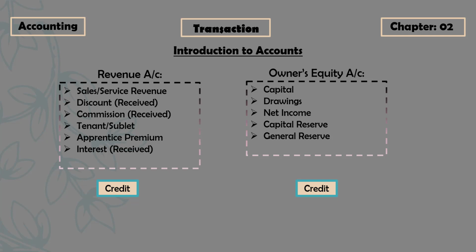So try to learn them all. And we know owner's equity is credit, so I wrote credit on the bottom of the box. These are all the accounts you need to study and learn to solve the maths. Now we will move on to solve a practical math problem, and see you there.